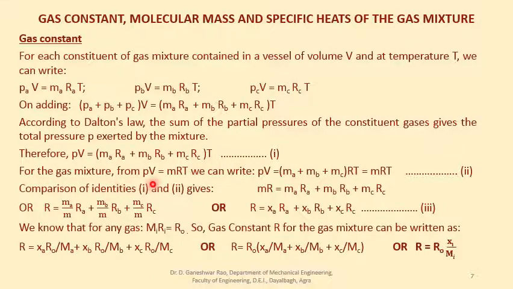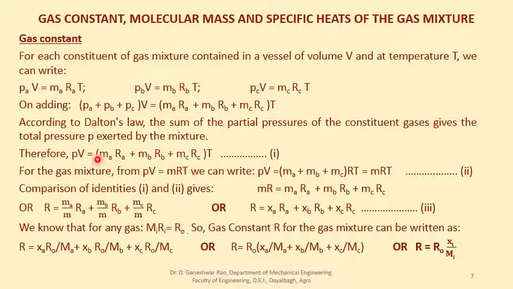Now for the gas mixture, PV = MRT. This can be written as PV equal to, replacing M with the sum of the mass of components, that is PV = (MA + MB + MC) into R into T, that is MRT. Now compare these two identities.